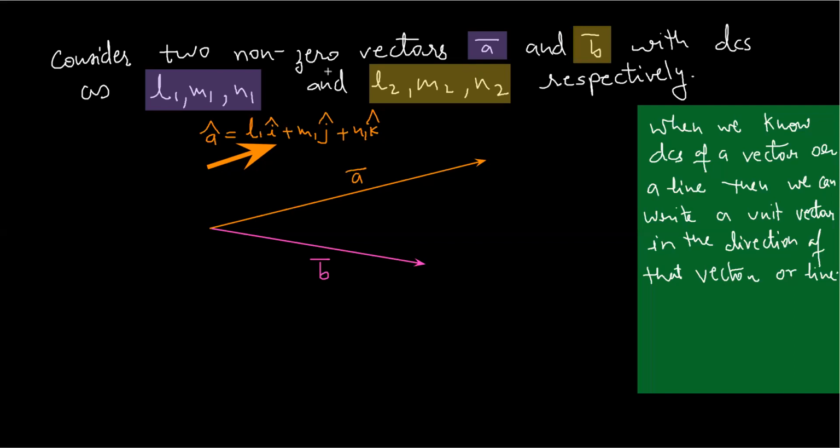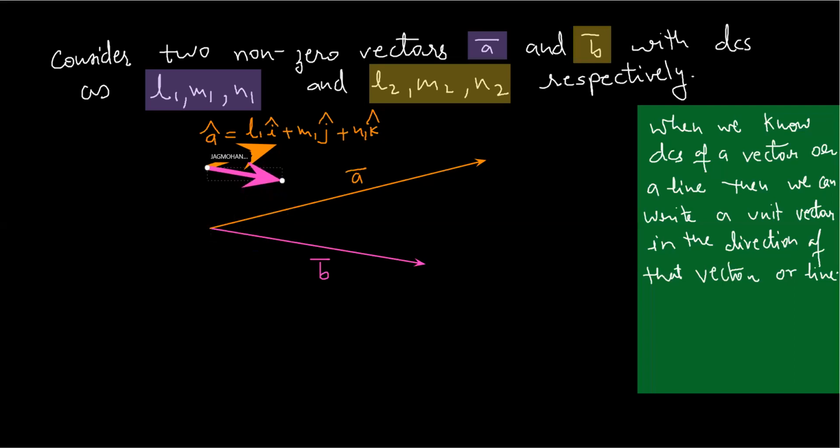Similarly, since I know the DCs of B bar, which are l2, m2, n2, I'll be able to write a unit vector in the direction of B bar, and suppose that is B cap. See, this is B bar, and in the direction of B bar I'll be able to write a unit vector.